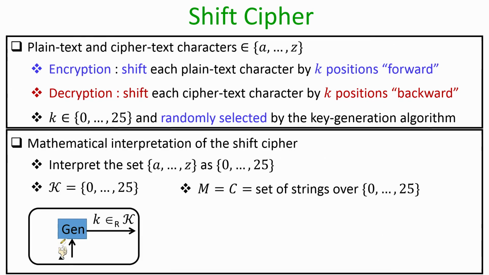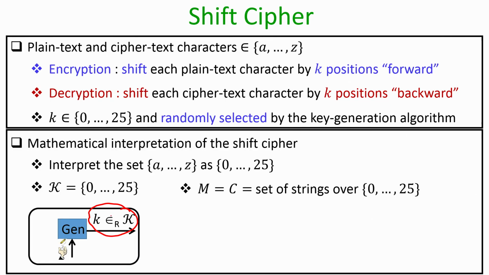Syntactically, the key generation algorithm for the shift cipher is as follows. It outputs a uniformly random value, namely small k, which is the value of the shift which sender and receiver are going to use, and this shift is a random value from the key space.